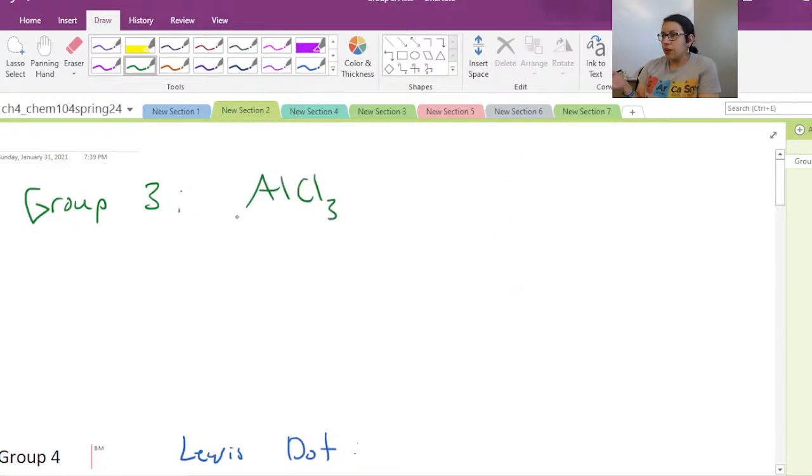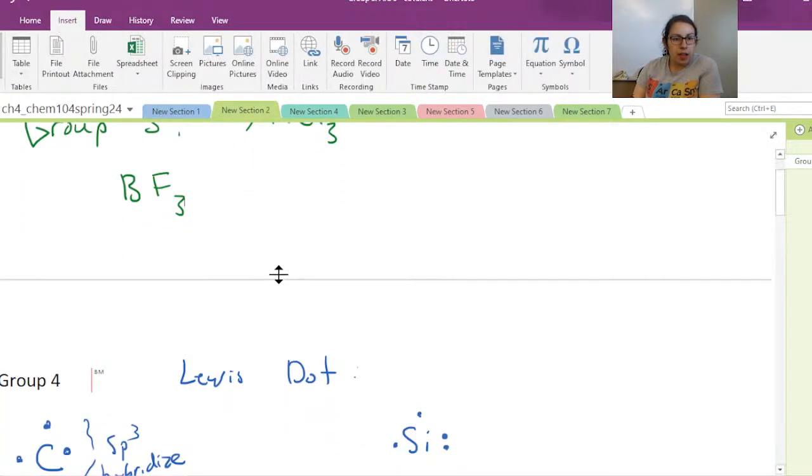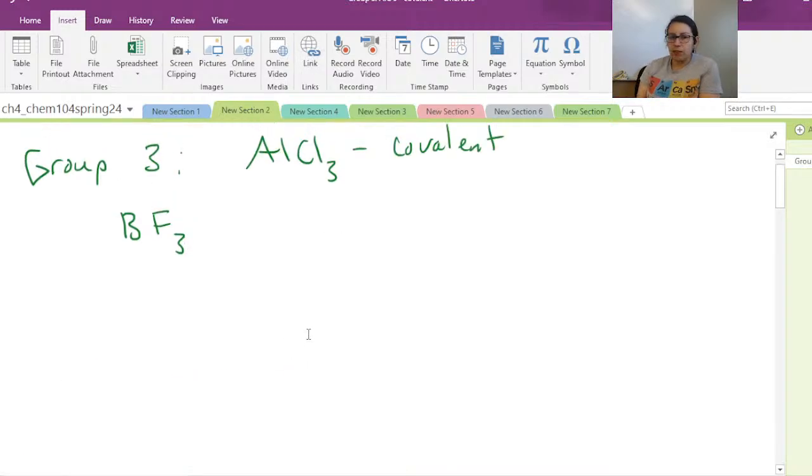They act like a metal plus a nonmetal, at least in name or in theory, but then tend to behave like covalent compounds. So this is covalent. Same thing if we look at boron, so boron makes a bunch of covalent compounds. For our purposes, we'll focus on the simpler ones, like BF3, or again, like the aluminum.